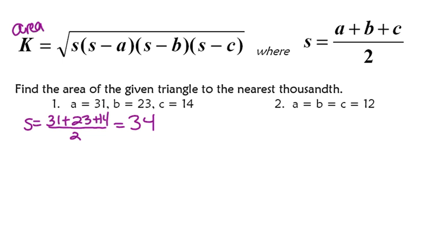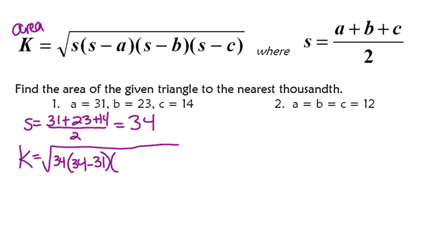Then we're going to use that value S to find the area. So the area of my triangle is equal to the square root of 34 times 34 minus 31, and 34 minus 23, and 34 minus 14.